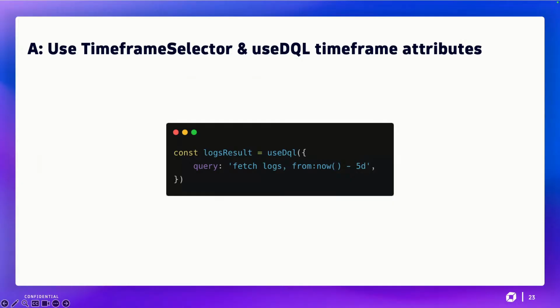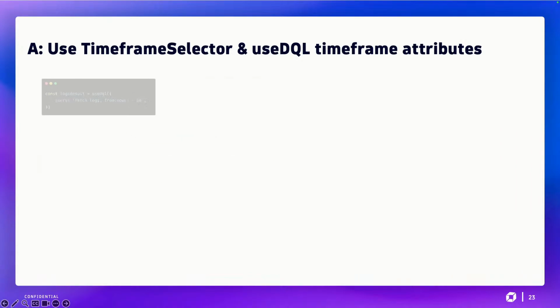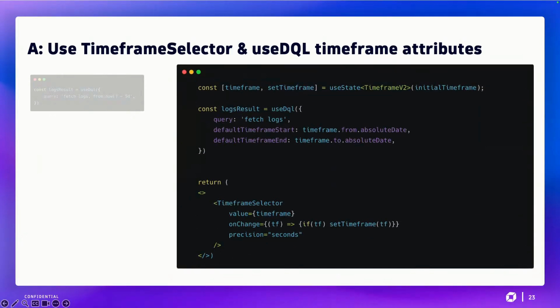So let's see how this will look. This is what the user had. He had the timeframe within the query string, and instead, what we recommend is to use the defaultTimeframeStart and defaultTimeframeEnd, which are set to the timeframe that we get from our timeframe selector.